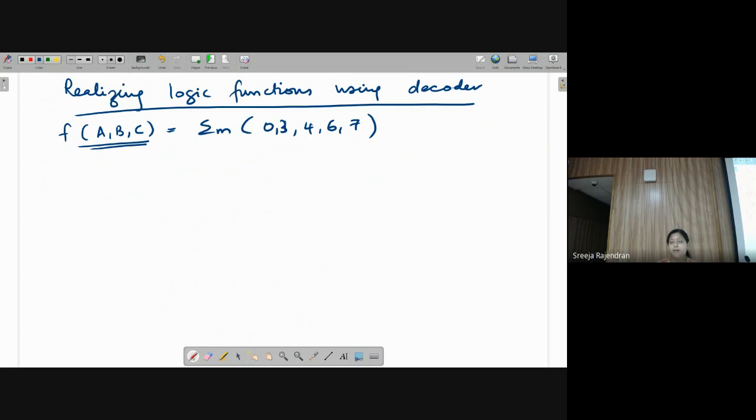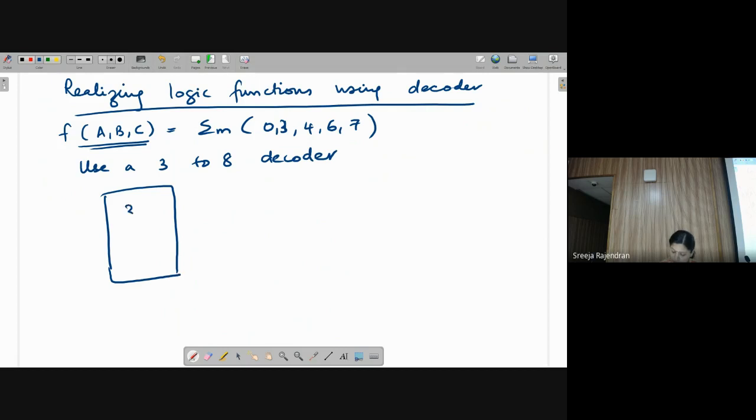So what kind of decoder should I have? The decoder should have 3 inputs, so I will use a 3 to 8 decoder. So if this is my decoder block, 3 to 8, here I have inputs A, B, and C. I have 8 outputs: 0, 1, 2, 3, 4, 5, 6, and 7.